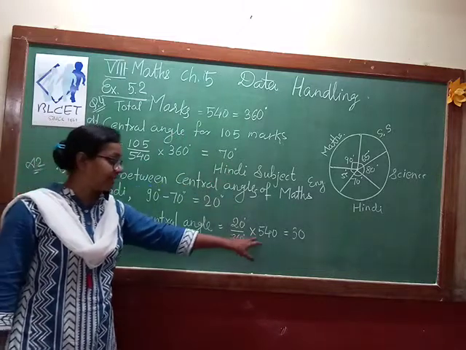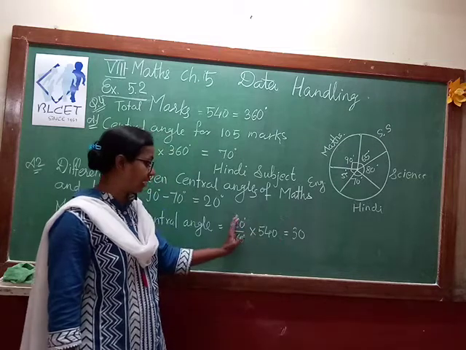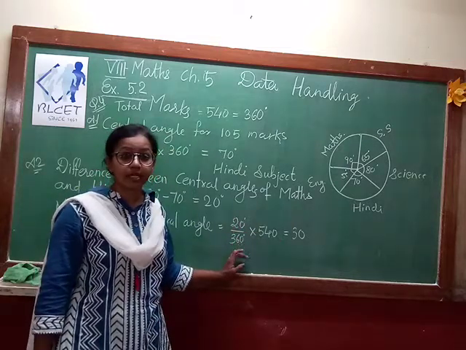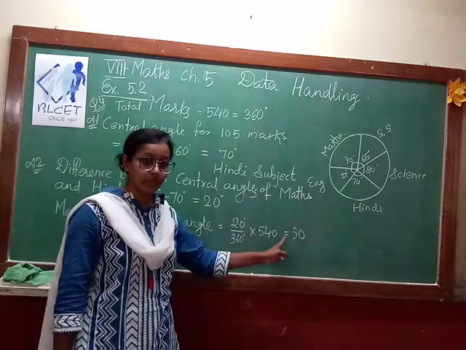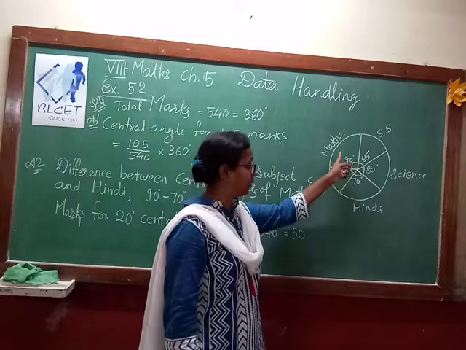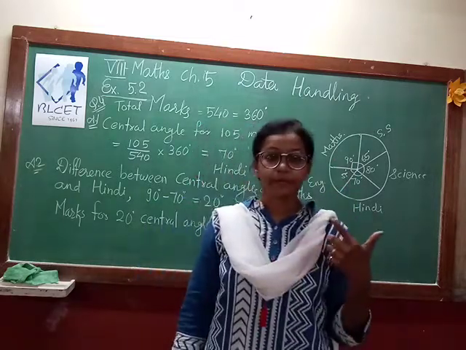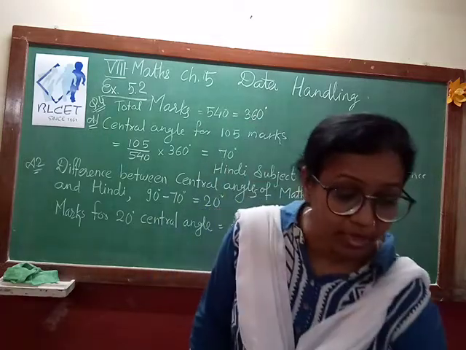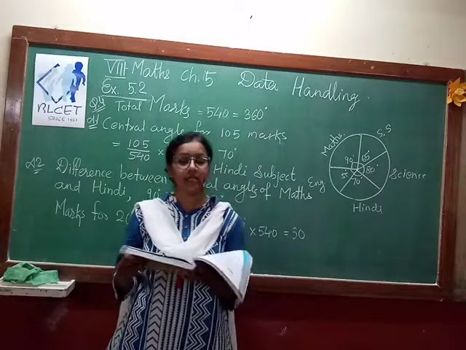Here we want to find the answer in marks. So total marks we have to multiply with the fraction of whatever degrees you are getting. So 20 divided by 360 multiplied by 540 is equal to 30. So there is a difference of 30 marks between Maths and Hindi subjects. So students score 30 marks more in Maths compared to the marks obtained in Hindi.